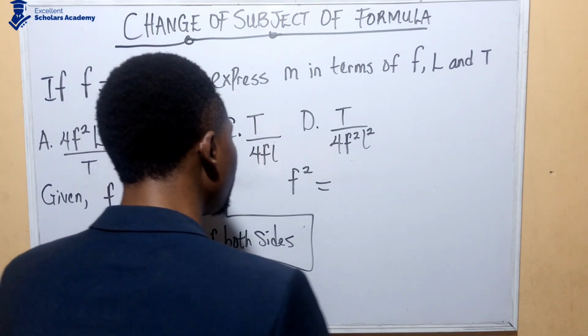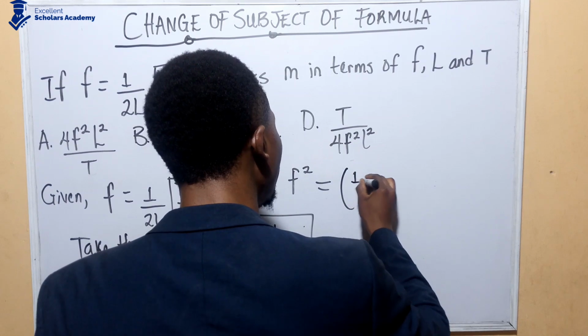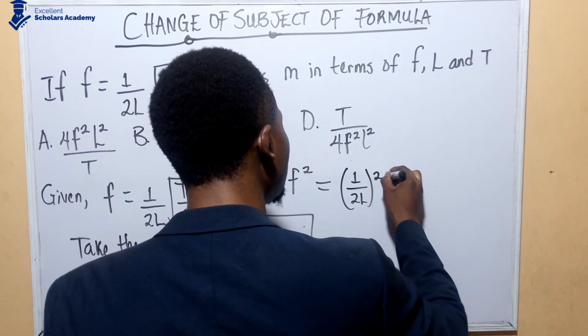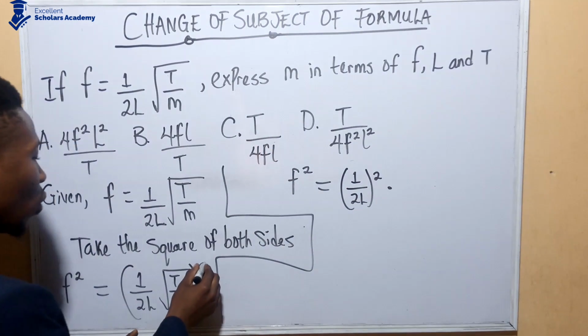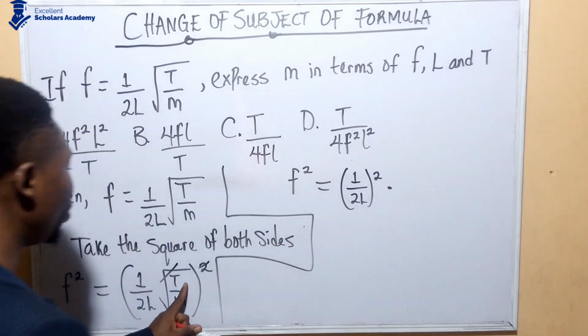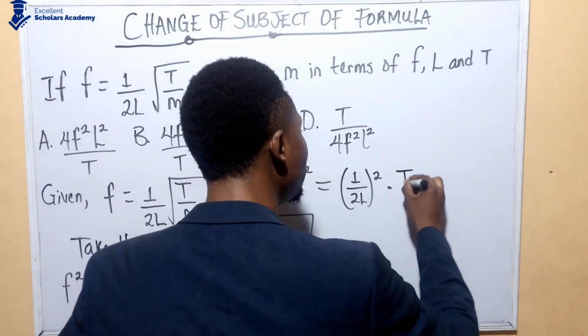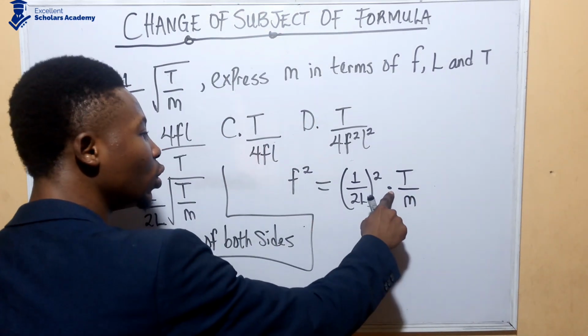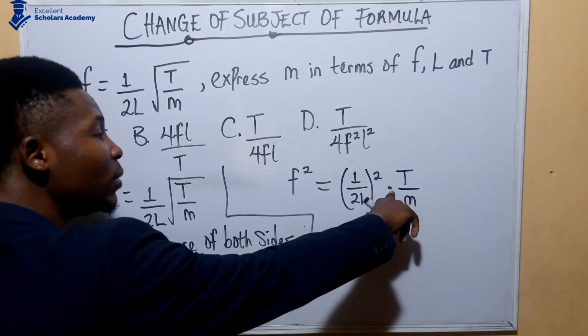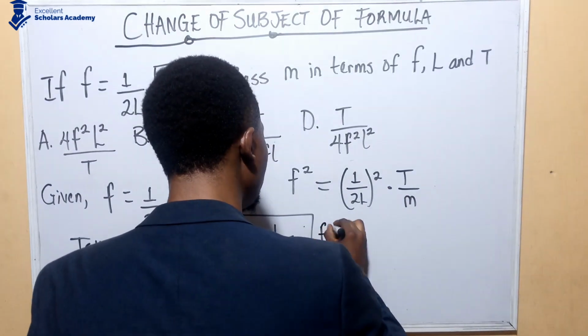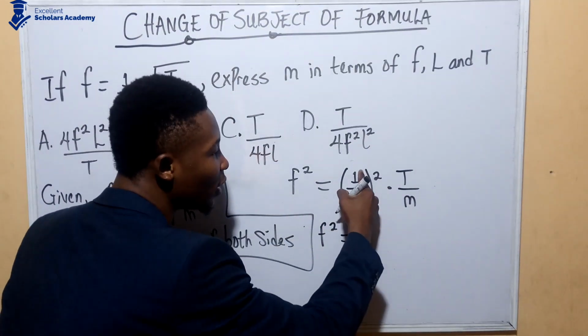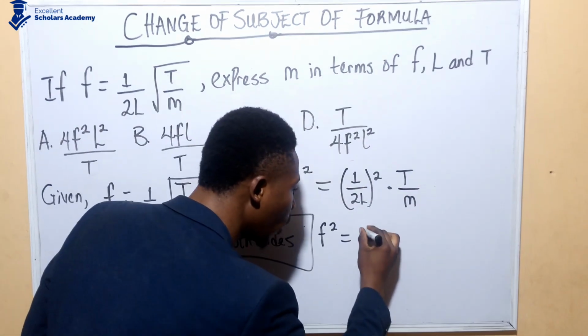It becomes 1 over 2L all squared, multiplied by T over M. The square cancels the square root, so you are left with T over M. The dot product means multiplication, anytime you see me write this. So F squared is equal to: 1 squared gives you 1.